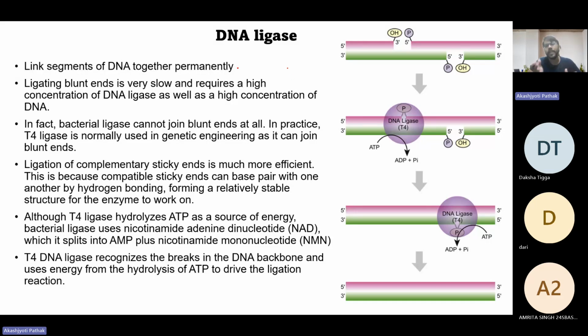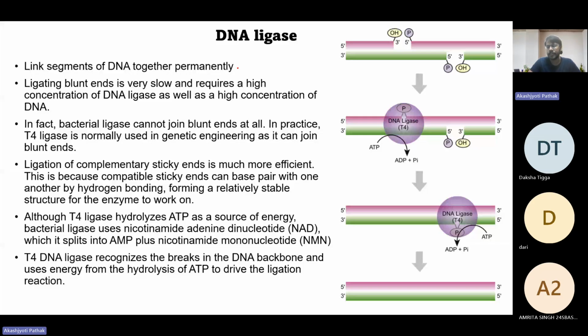Because they have blunt ends, the DNA of the vector and the DNA of the gene of interest will not show any kind of binding interaction. If you have sticky ends, then the sticky end of your vector and the sticky end of the gene of interest will show binding interaction with the help of hydrogen bonds. There will be complementary base pairing, and the two DNA molecules will come together.